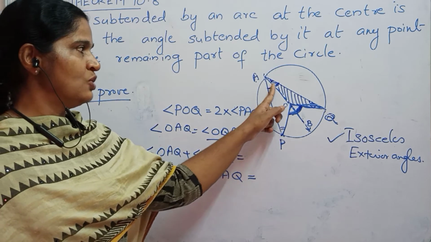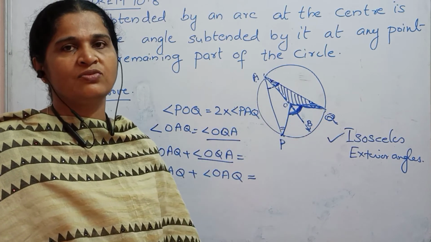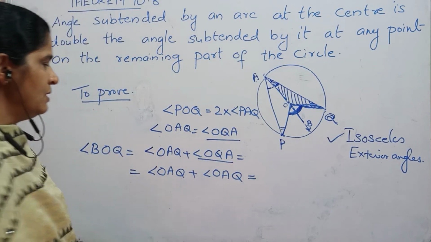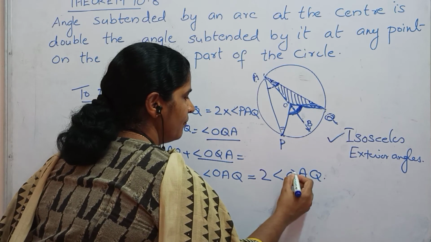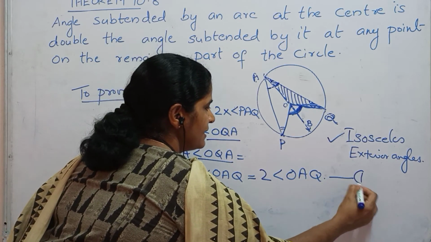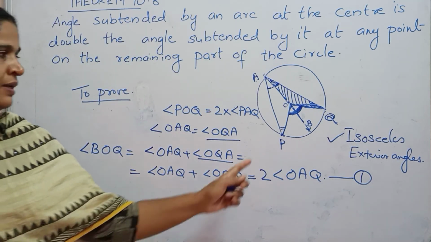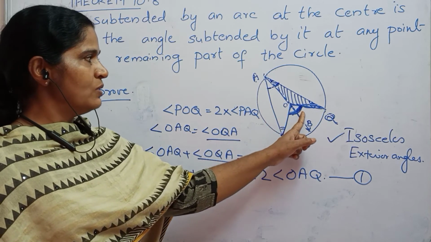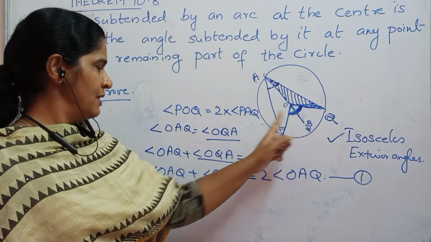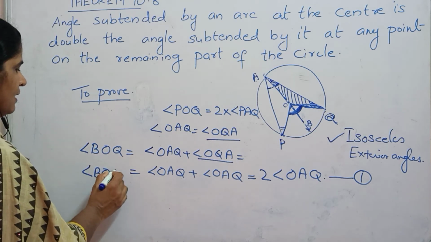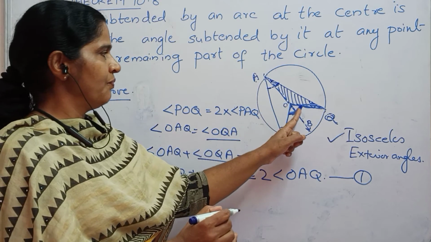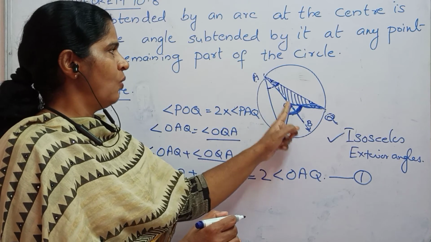We have already written that these 2 angles are the same because of the isosceles triangle property. This means 2 times angle OAQ. This we can take as the first equation. So the outside angle BOQ is 2 times angle OAQ.